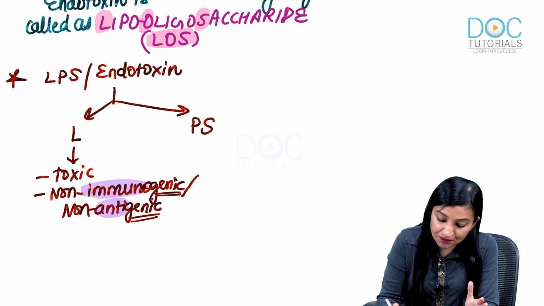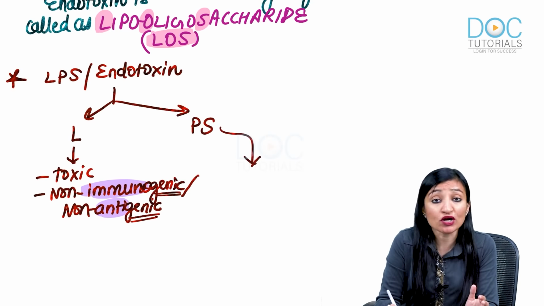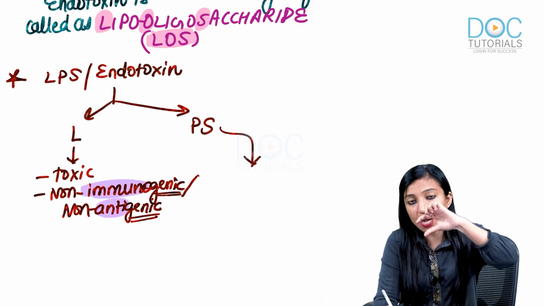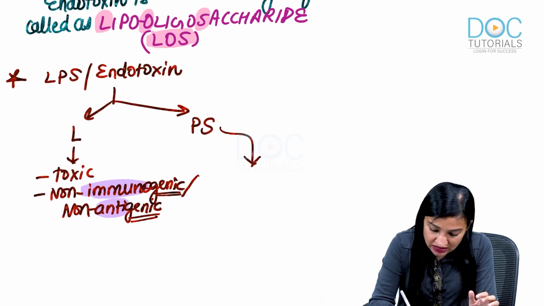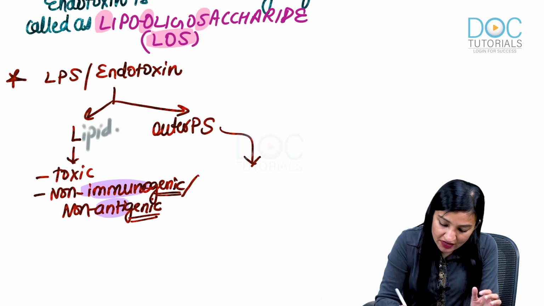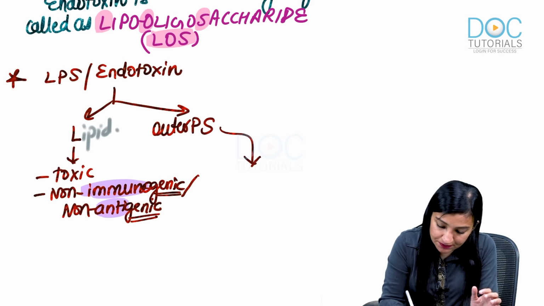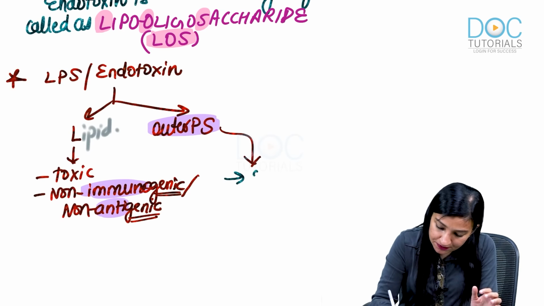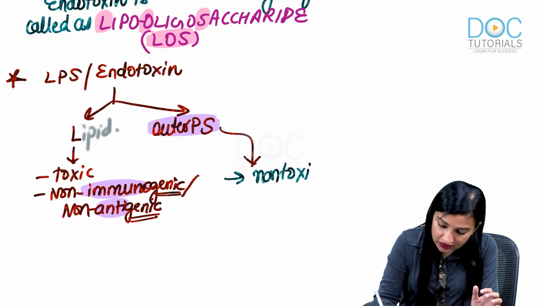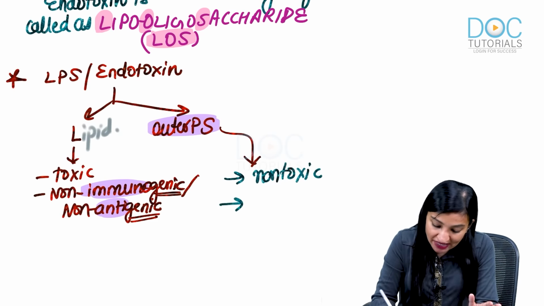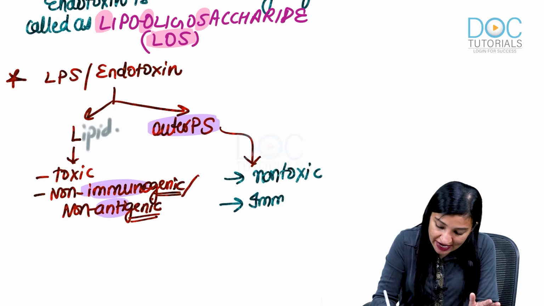On the other hand, if we talk about the polysaccharide part, over here we are referring to the outer polysaccharide. L is the lipid part, and the outer polysaccharide is non-toxic, unlike LPS, meaning it is not going to be responsible for disease, but it is immunogenic or antigenic.